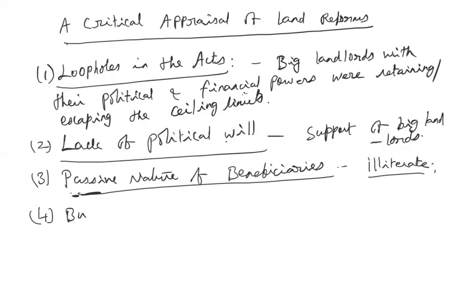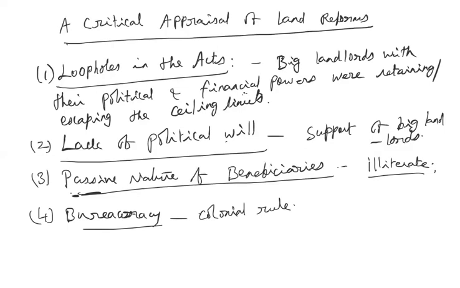And bureaucracy. This is passed on from the British rule. Because of the bureaucratic nature of the government, the land reform could not be implemented properly in the country.